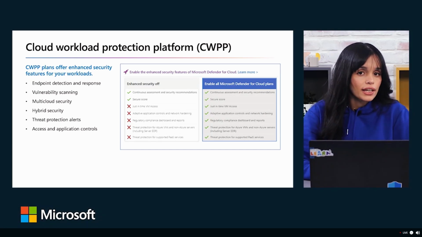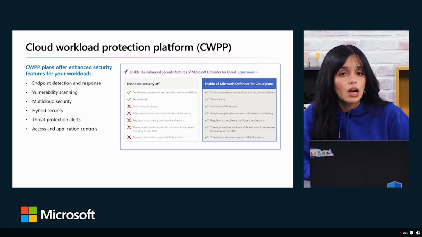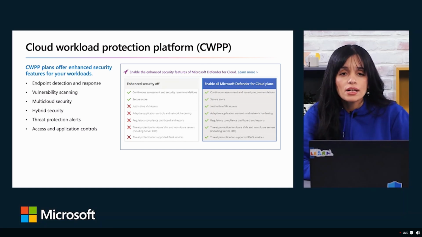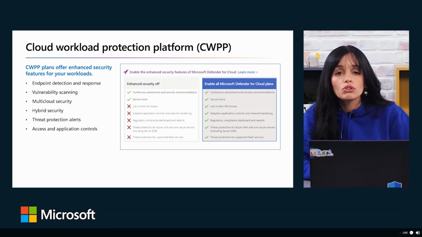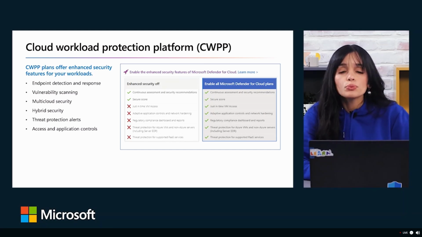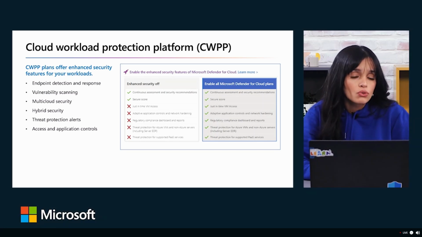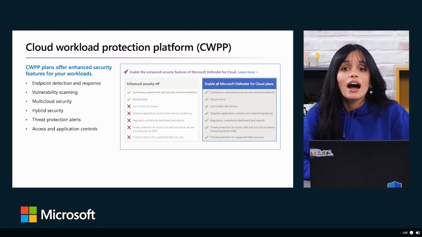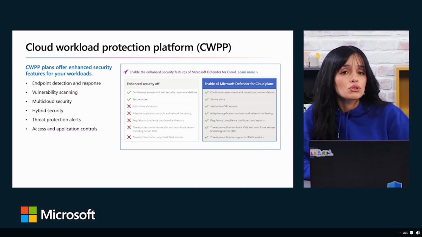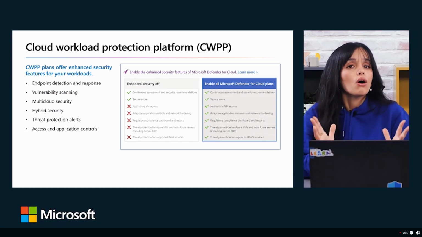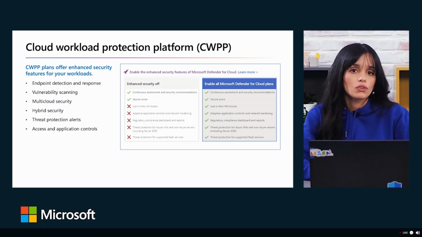You can also activate multi-cloud security by connecting your accounts from Amazon Web Services and Google Cloud Platform to protect resources and workloads on those platforms. For your on-prem resources, you can activate hybrid security to get a unified view of security across all of your on-prem and cloud workloads.